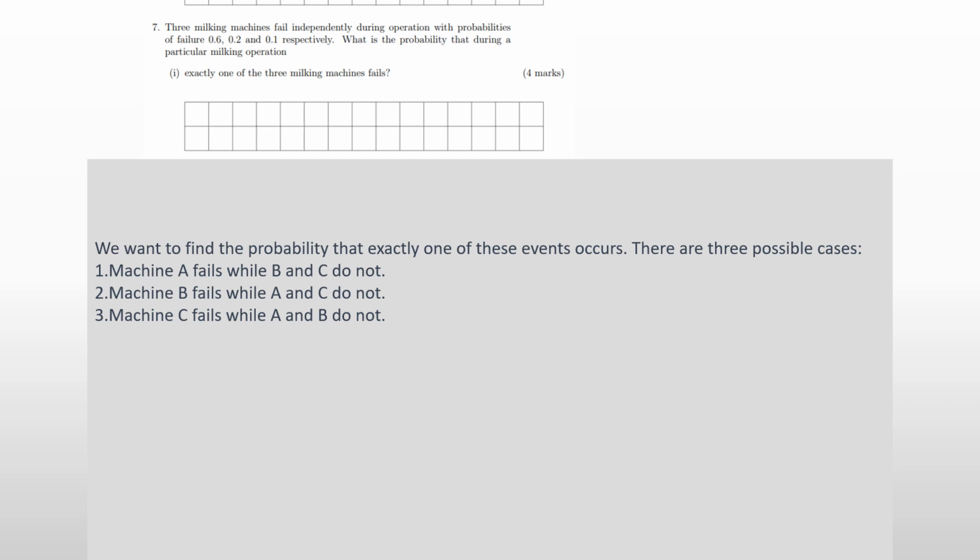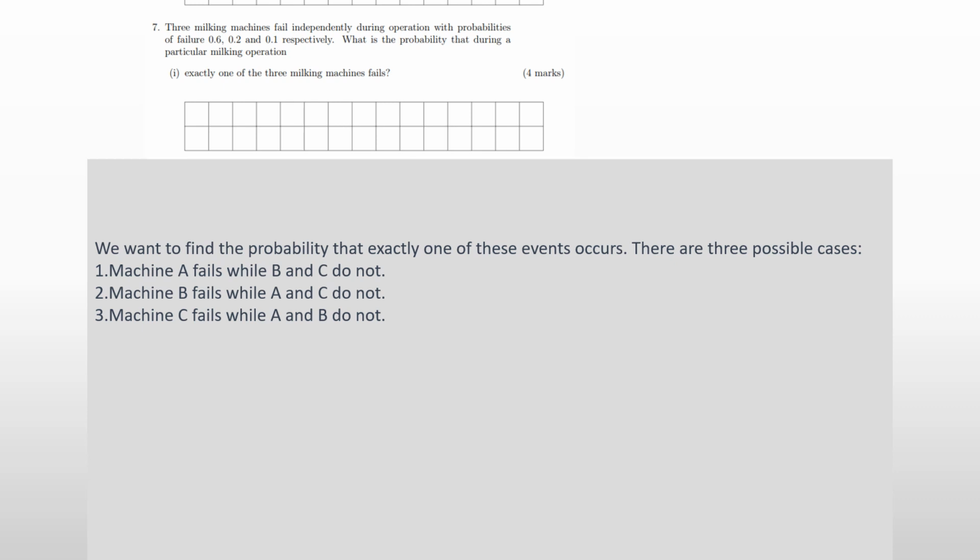You shouldn't give up on the question now, because all you have to do is find the probability of A failing, B not failing, C not failing, then line 2 and line 3, and add them up, because it could be that or that or that. When you hear "or" in probability, it means add. And when you hear "and," it means multiply.